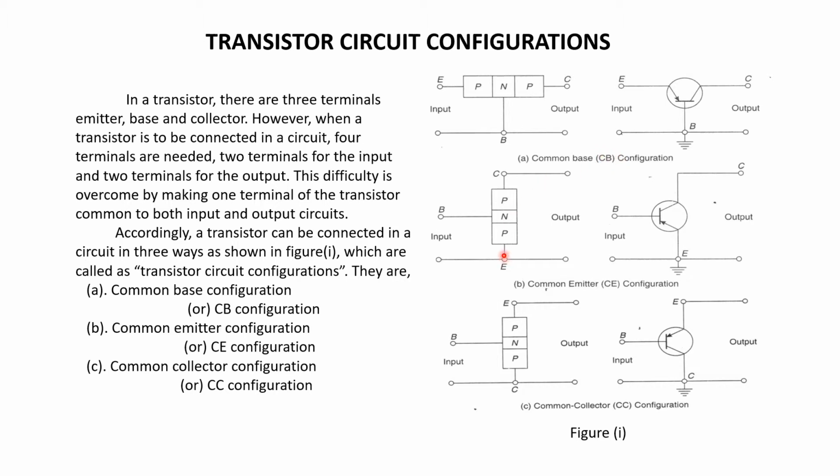If the emitter is made common, then the connection is said to be common emitter configuration. If the collector is made common, then that connection is said to be common collector configuration. So there are three transistor configurations: common base configuration, common emitter configuration, and common collector configuration.